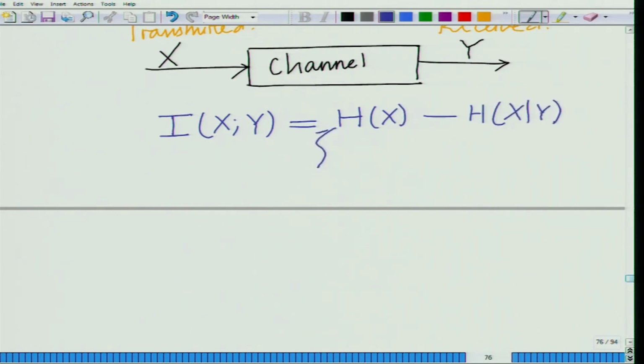Now, naturally, if you look at the information definition in terms of uncertainty, H(x) is the uncertainty in the transmitted symbols x, and H(x given y) is the conditional uncertainty, or basically the uncertainty remaining in x having observed y.